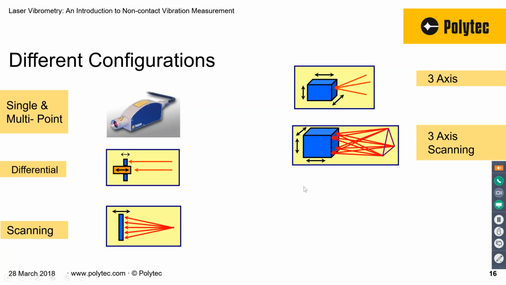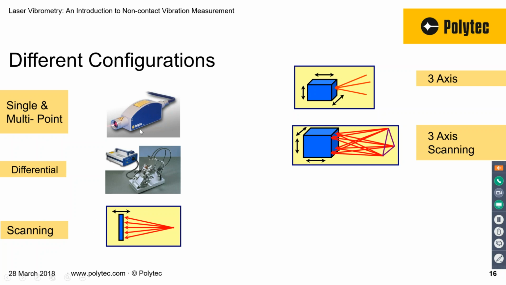We have our differential vibrometers, which measure the relative vibration between 2 points. So one point, let's say, is on a valve in an internal combustion engine. The other laser is aimed just adjacent to the valve, so that we can measure the true closing velocities and bouncing of the valve as it meets that background.